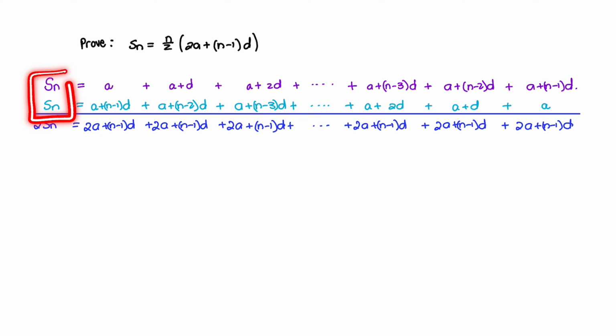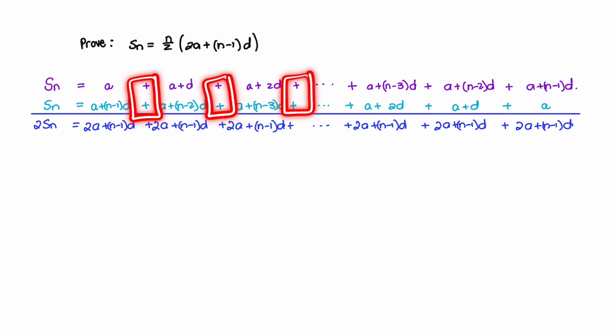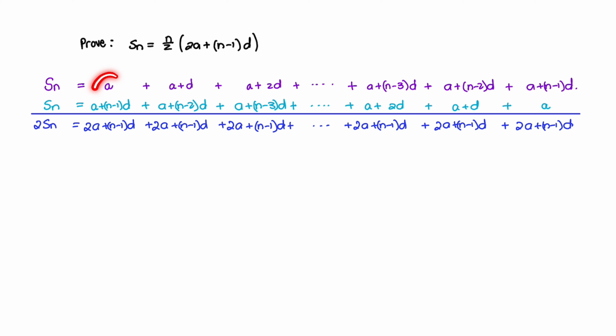So when I wrote out Sn, I was very careful to put the pluses over each other so that I'll have the first term over the last term and the second term over the second last term, and then that pattern swaps around at the end. So we'll have the last term over the first term.